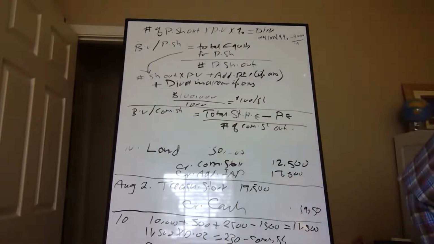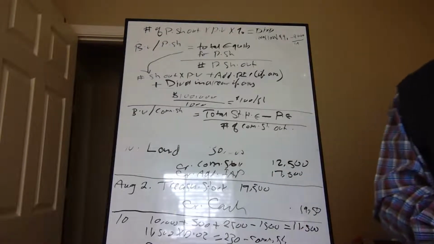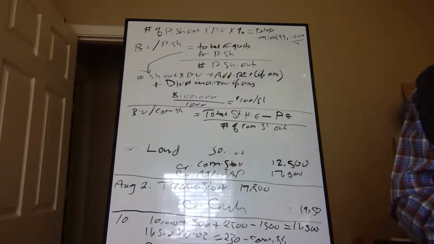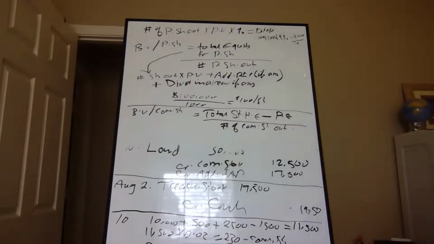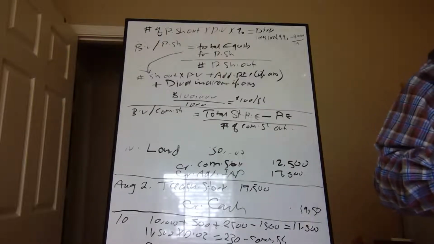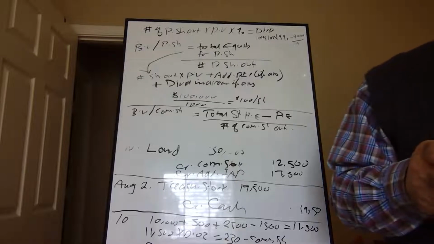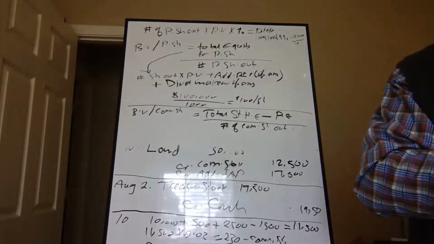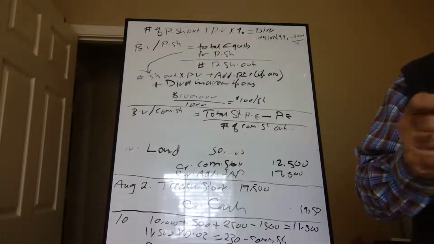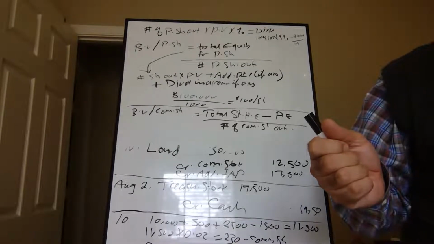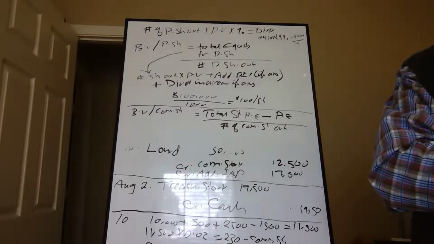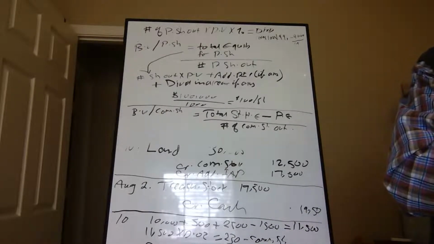How many common shares outstanding do we have? We started with, how much did we start with? The problem says, okay, it was organized and authorized to issue 50,000 shares of preferred stock and 50,000 shares of no par.